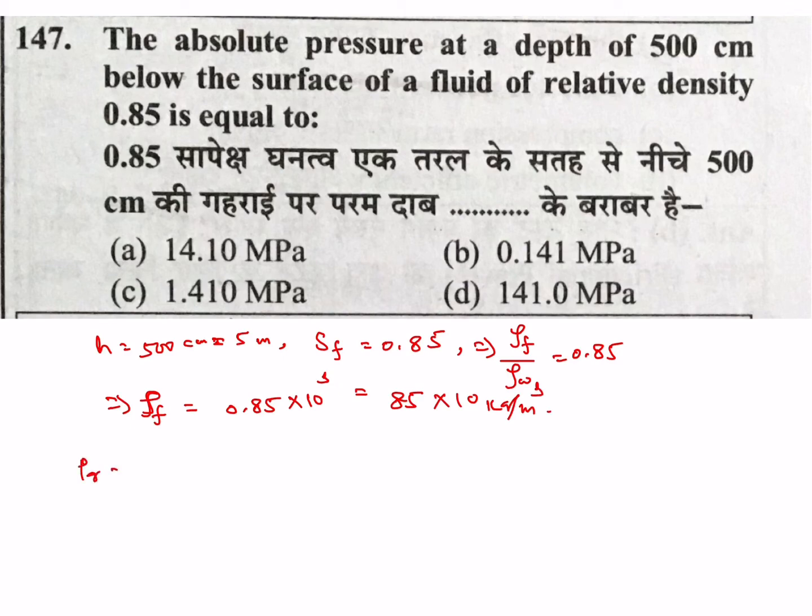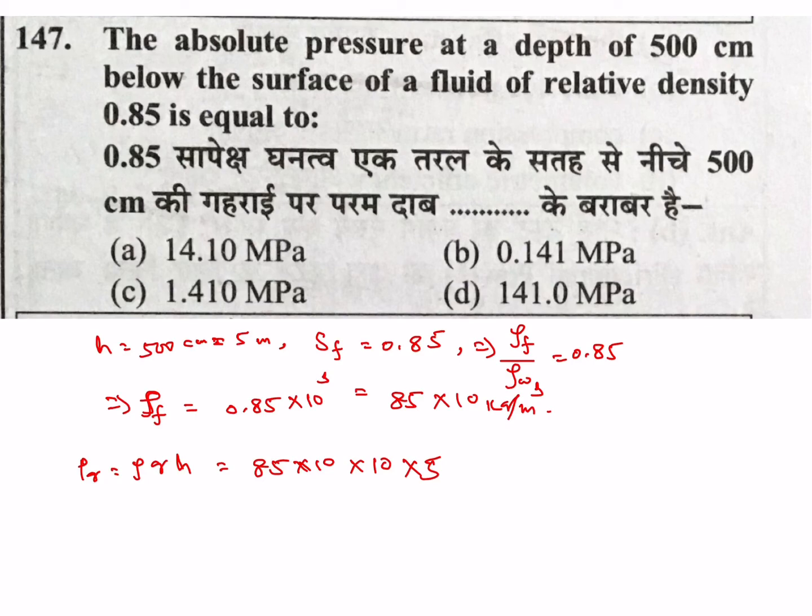Then gauge pressure we have to calculate, rho GH. Rho value how much? 850 into G, you will take 10, into H. Height is how much? 5.